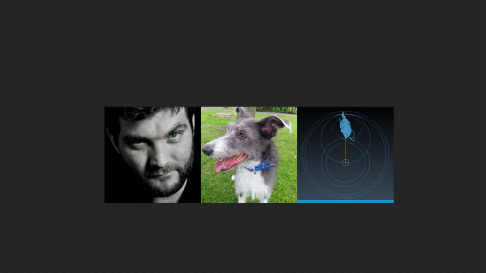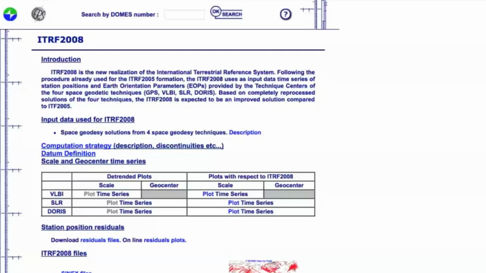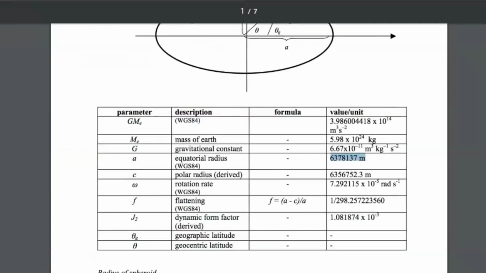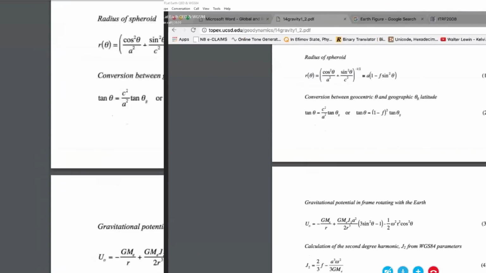Basically, we'll end up going around in circles as usual, but this is the way it does work when you survey this stuff. Right, so we saw back here where it references these international standards. You apply that flattening factor.